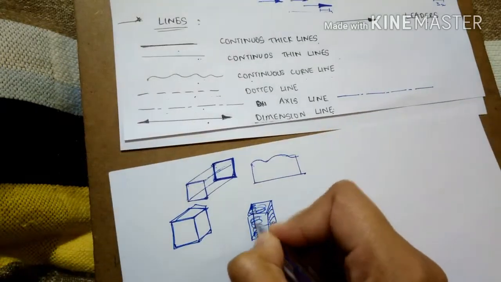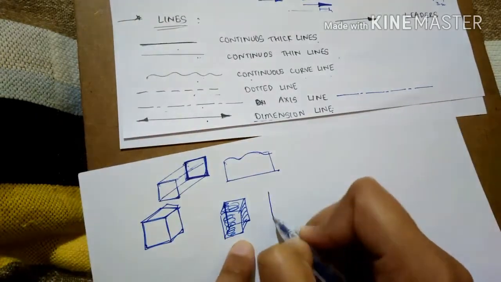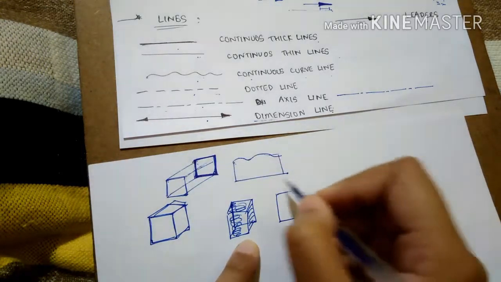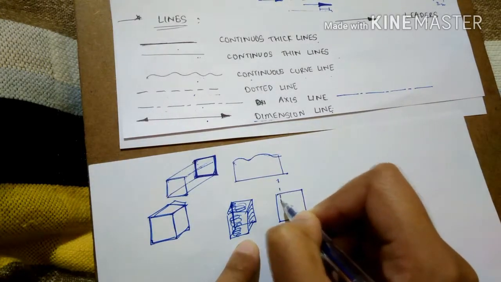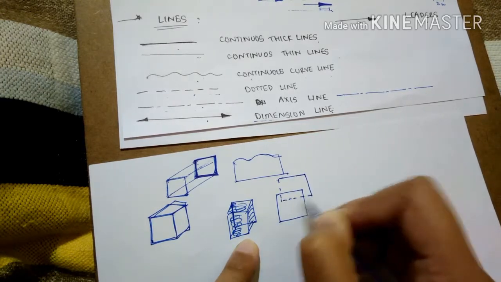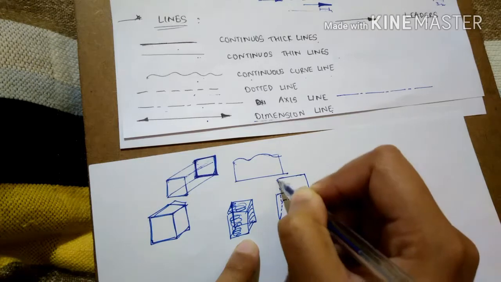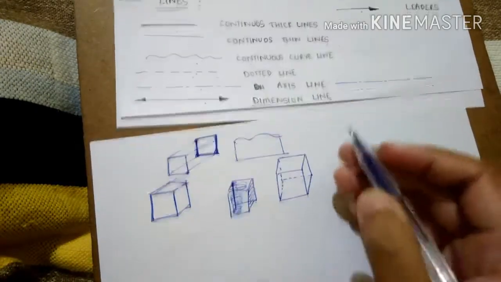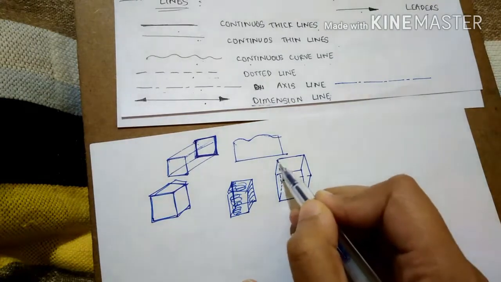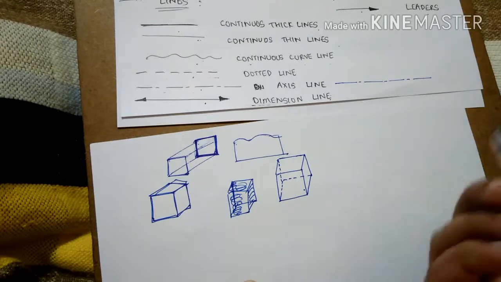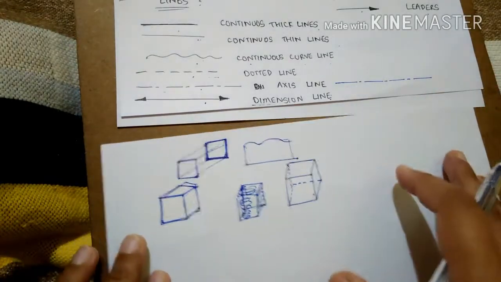But how to represent this line? That is an imaginary line because you can't see it from the front. So you draw it in a dotted way to show that that line exists and your drawing is also seen. So you can visualize this. You have a cube and the inside lines are dotted because they are there, but you can't see them from the front. So that is kind of imaginary.